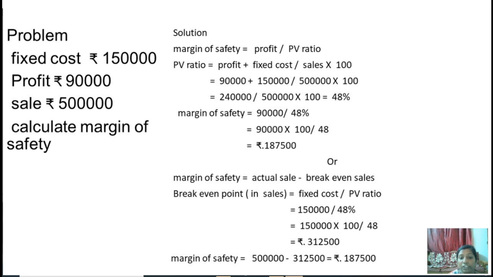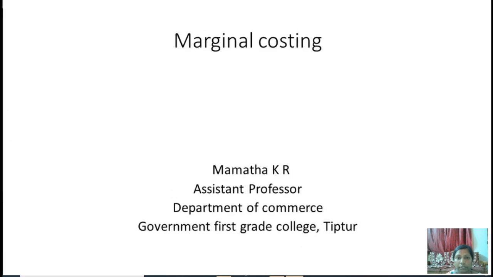The formula is actual sales minus break-even sales. The actual sales 5 lakh minus the break-even sales 3,12,500. So now the margin of safety equals rupees 1,87,500. Thank you.